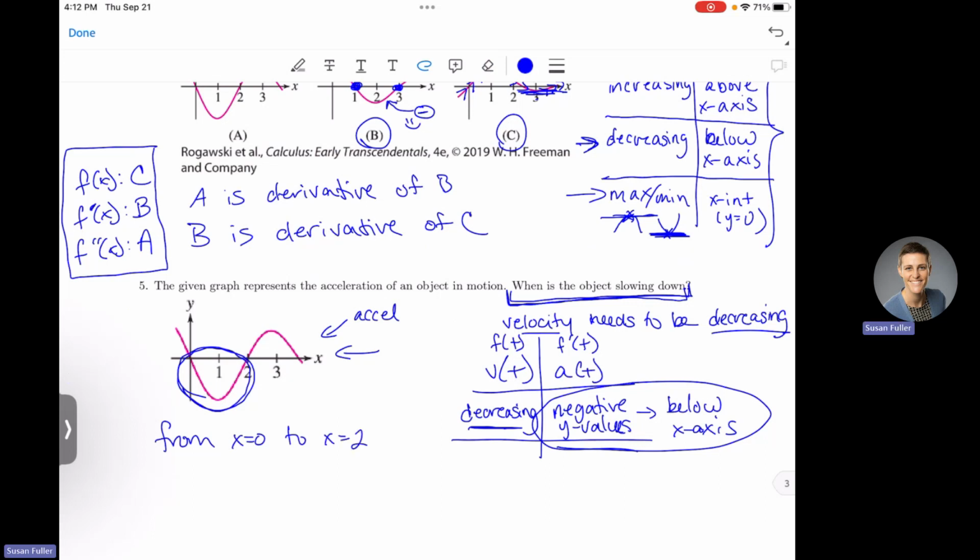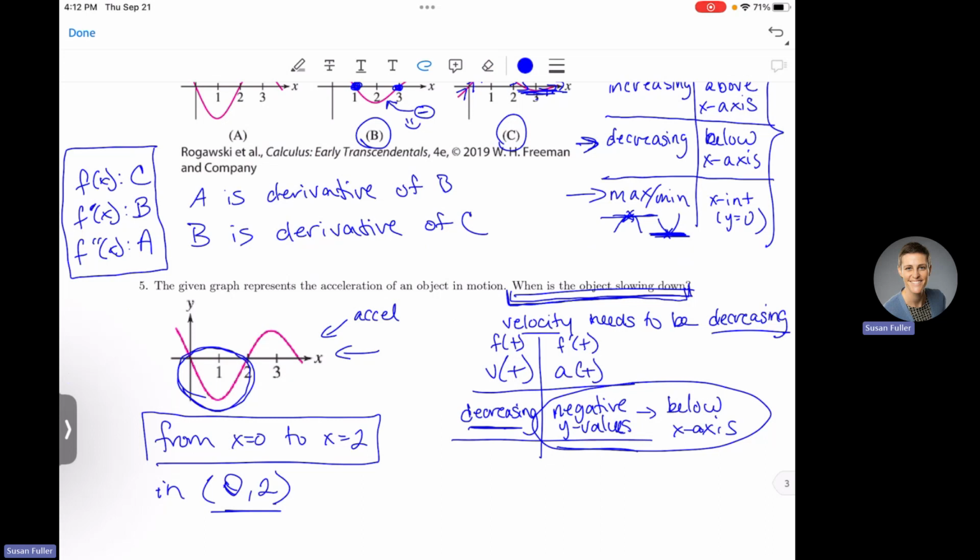So we are slowing down. So when is the object slowing down? It's slowing down from time equals 0 to time equals 2. Or if you want to write that in interval notation, we are decreasing anywhere our time is between 0 and 2, inside this interval.